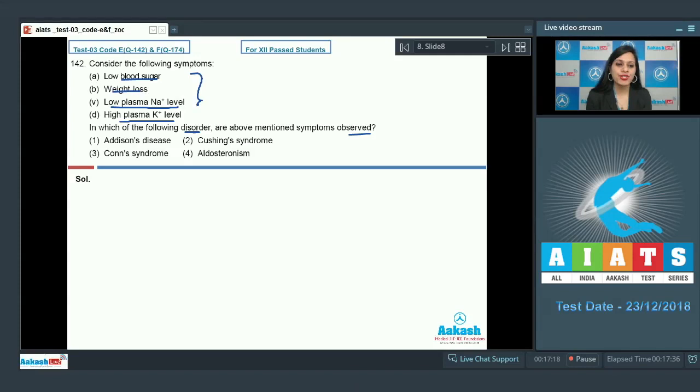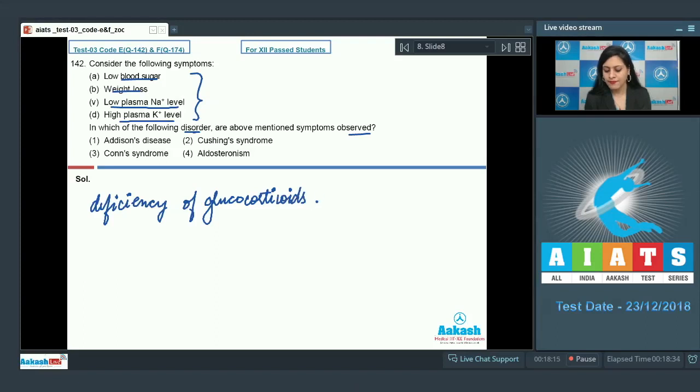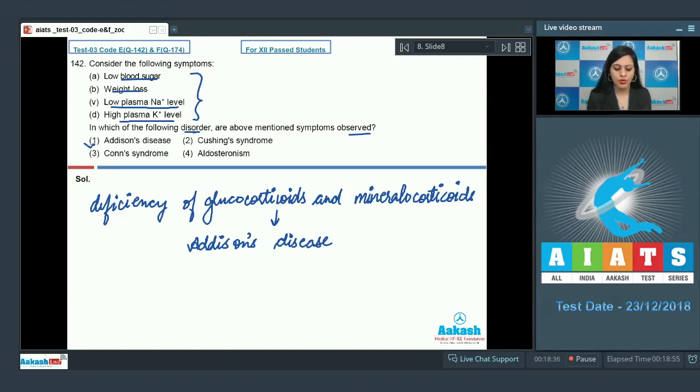These symptoms are observed when there is deficiency of glucocorticoids and mineralocorticoids, and the disease is termed Addison's disease. So the correct answer for this question is option number 1.